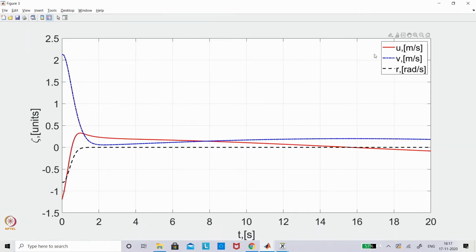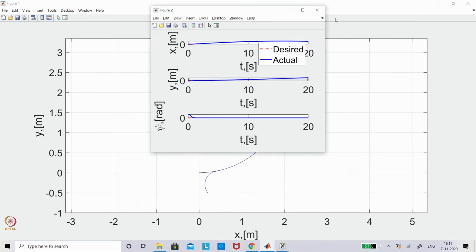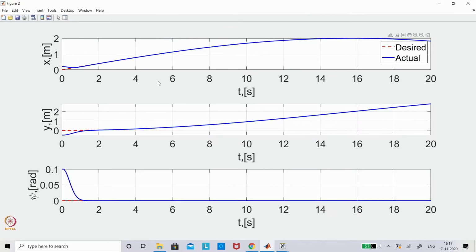Now this is your U, the vector of control input, which varies based on the computed velocity control. In the case we are interested in, the initial x position is 0.2 meter but the desired is 0, and it is trying to follow.